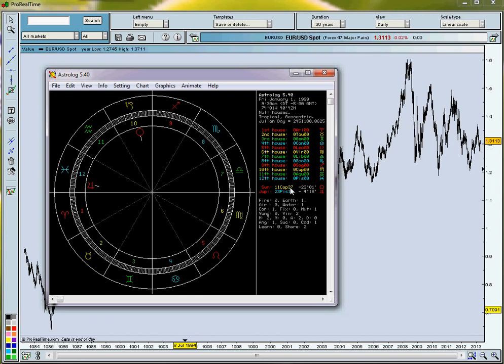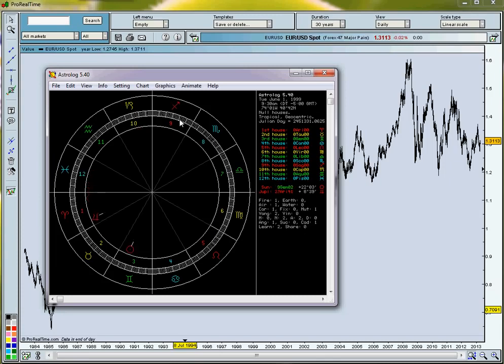So we're interested in seeing what happens to the market when Jupiter is in opposition to the natal Sun, or 11.5 degrees in Cancer. Then if we see any evidence of Jupiter affecting the market, we can go from there. If we don't see any evidence of it, then we can either forget it or try a different planet or whatever.